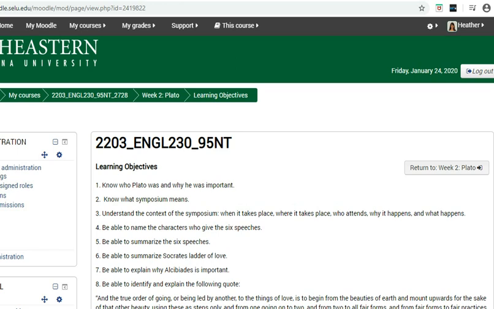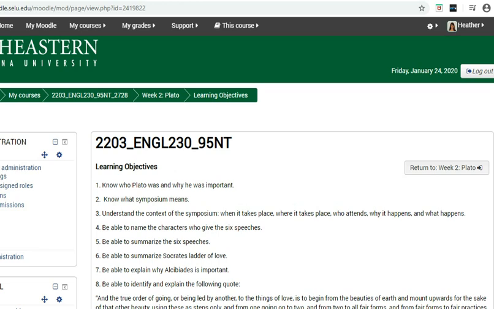Finally, the last person to speak is Socrates. So the first thing I wanted you to notice when you're reading the section of Socrates' speech is that we get an example of the Socratic method. Socrates is known as a teacher who advances his ideas by questioning.